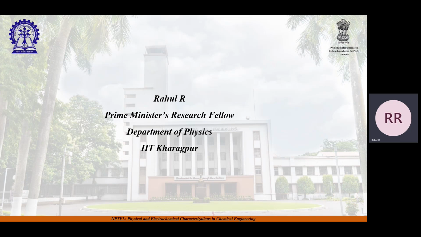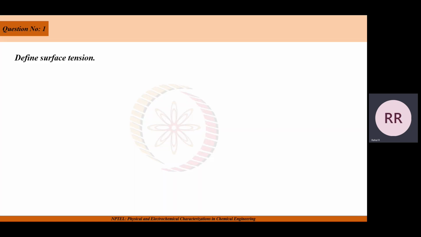Let us discuss our first question. The first question is: define surface tension. This is a very fundamental question, and I think it is the first thing we need to understand before starting the lecture. We have already learned this idea in our 11th standard, in CBSE 11th. So let us see how much you remember. The question is: define surface tension.